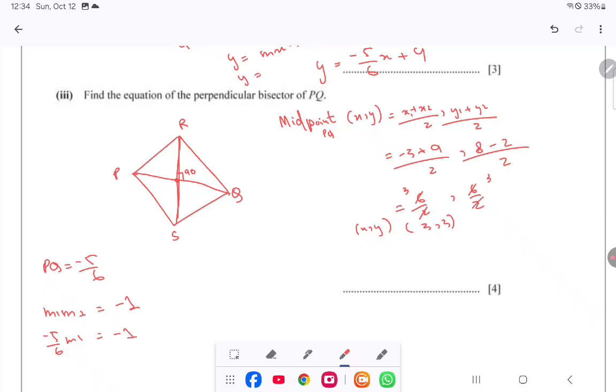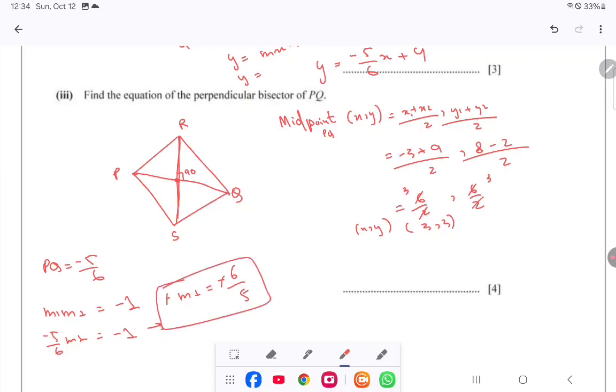Slope is equal to negative of 1. Multiply both sides with 6 and divide both sides with 5. Negative negative will cancel out each other. The slope will become 6 over 5.